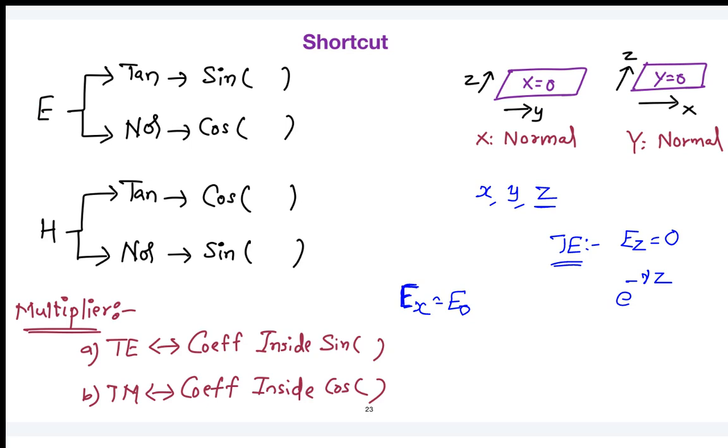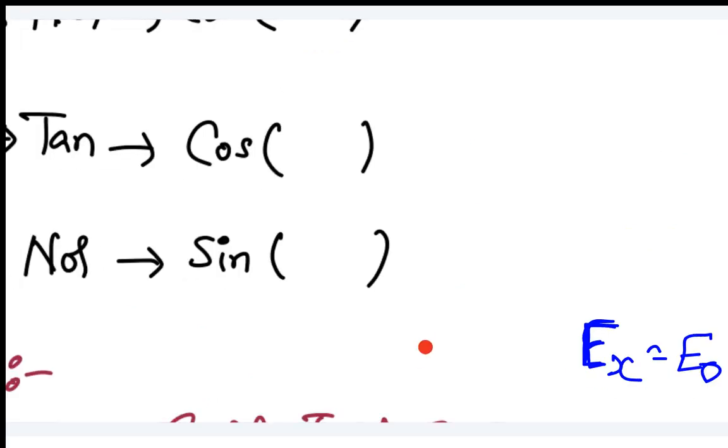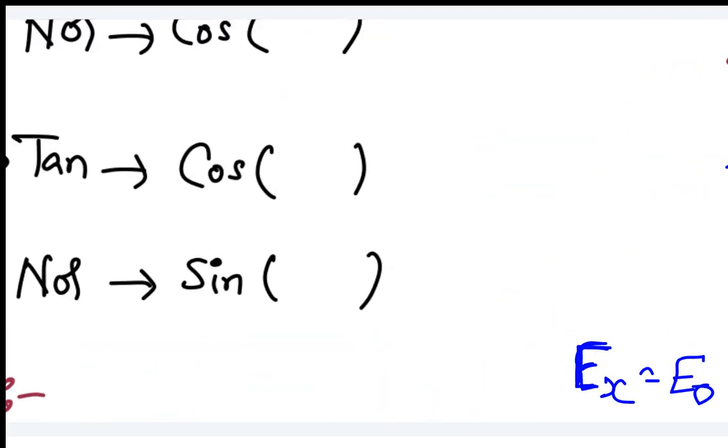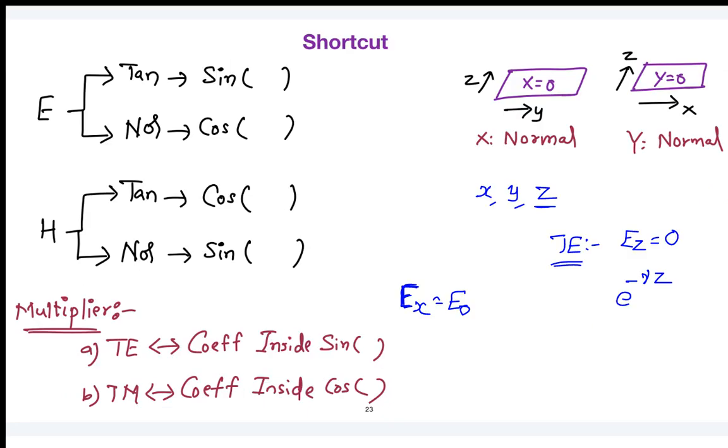Suppose you are writing the magnetic field intensity equation, then you have to go for the second one. In this case, you are writing electric field in x direction, so your first shortcut is valid. And when you are writing the x variation, you should consider this plate only.